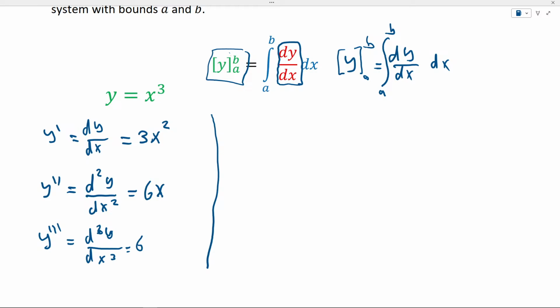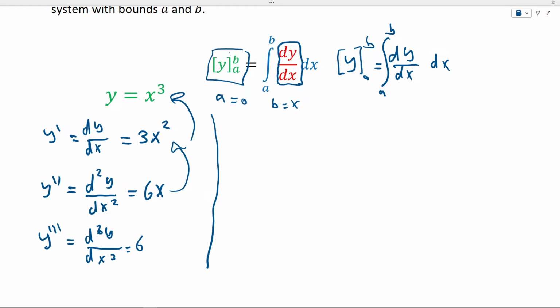So let me integrate this guy from a equal to 0 to b equal to x. I will integrate it through this interval. If I integrated this guy, I will get this guy. If I integrated this guy, I will get this guy. Let's do it, yeah? You want to do it?